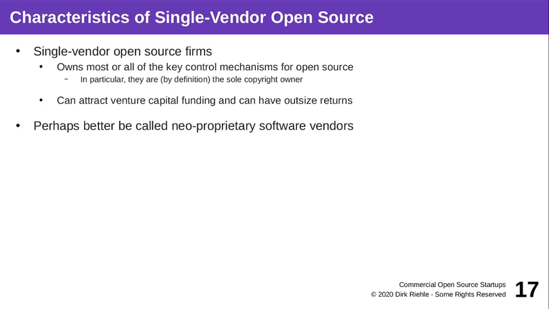I would argue that single vendor open source firms are perhaps better called neo-proprietary software vendors, meaning the original closed source software vendors who got smarter, realized they don't need to close off all software. In fact, there are benefits from not closing off all software, but they still want to be the only proprietor behind the software.